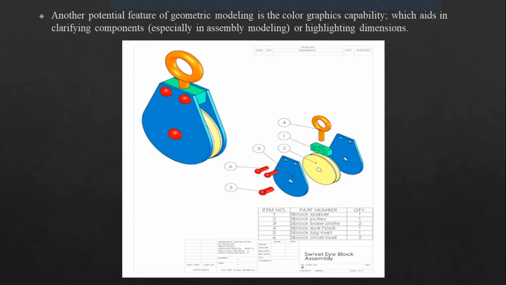Another feature in this geometric modeling is the color graphic capability. As you can see, the example is for a swivel eye block assembly, so an assembly of these components. With the help of this graphics capability, we are able to highlight all those components, which component ends where, and how it interacts with the others.